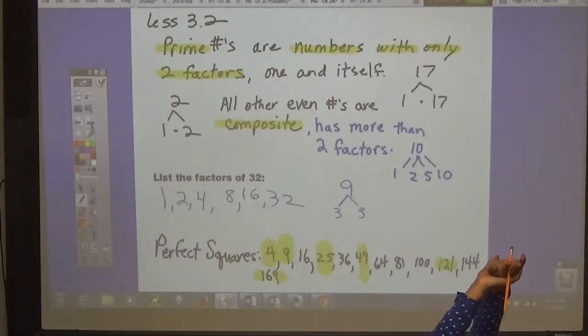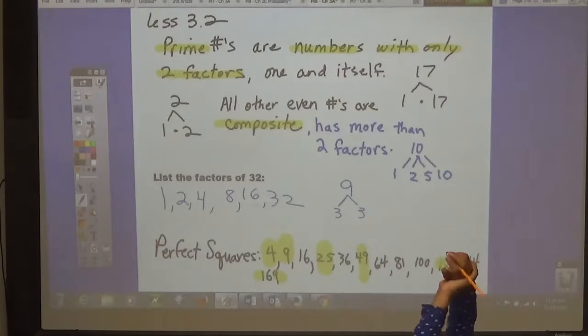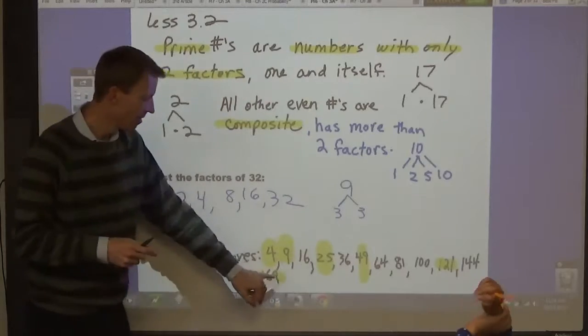What do they all have in common? Johnny? They're all perfect squares, and they're the square of a prime number, which means they have only 3 factors: 1, itself, and the prime number that makes it.